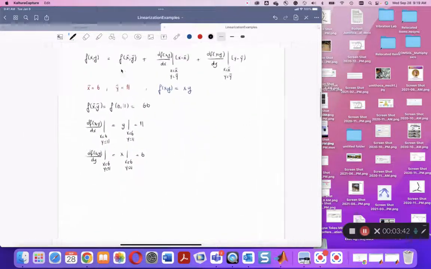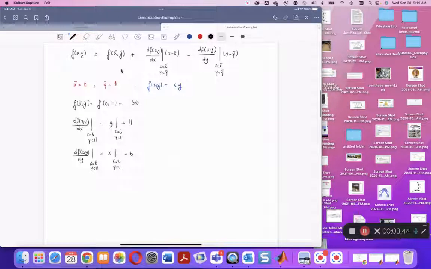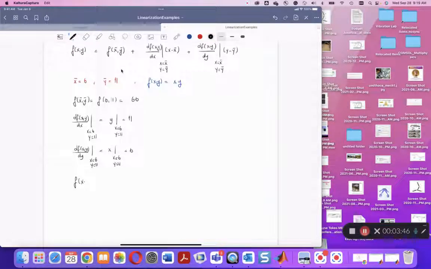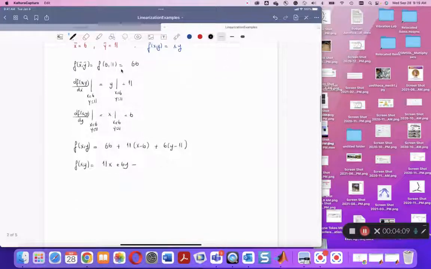From here, if you plug those numbers into your general equation, the linearized equation around those two given points should be equal to 66 plus 11 times x minus 6 plus 6 times y minus 11. So from here, your linearized equation will be equal to 11x plus 6y minus 66, since those two terms cancel out each other.